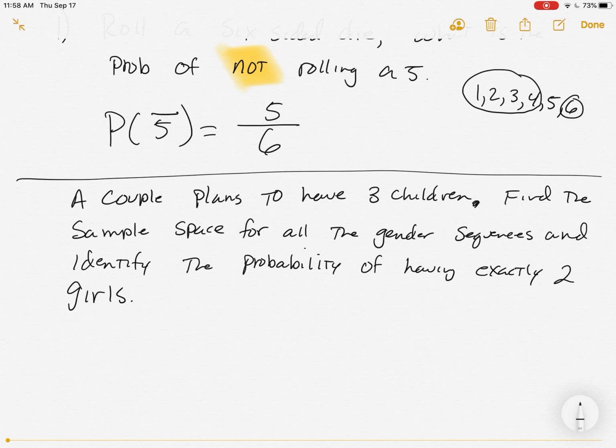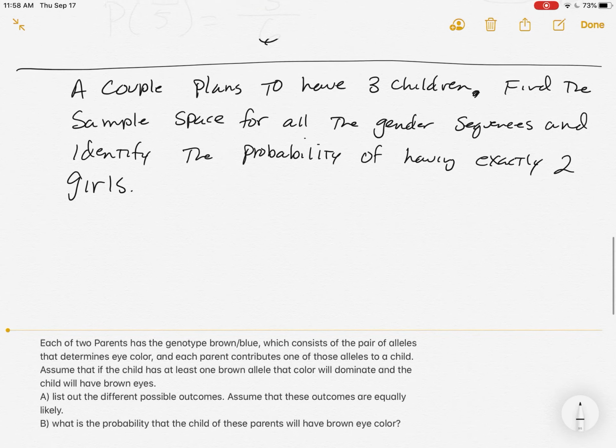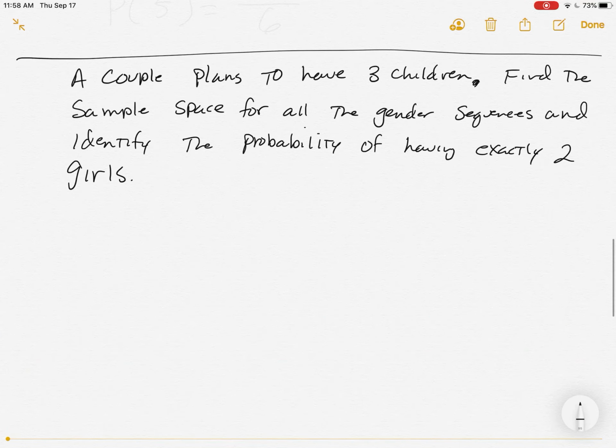So they really want to have a majority be girls, and so they're going to have 3, and so they want 2 of them to be the girls, and they just want to know what the probability of that is. So let's talk about the first one, the sample space.